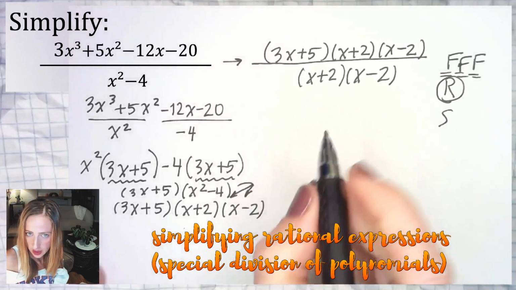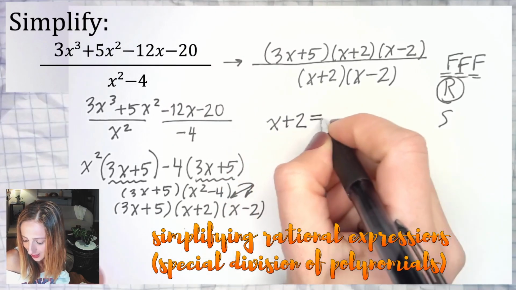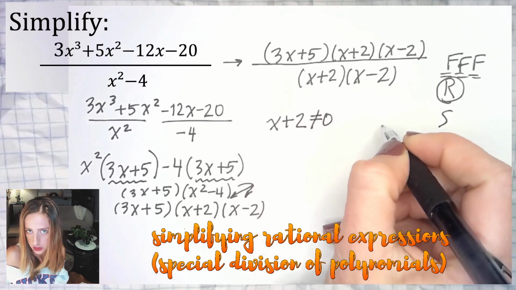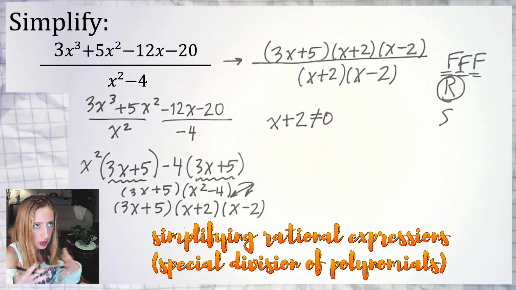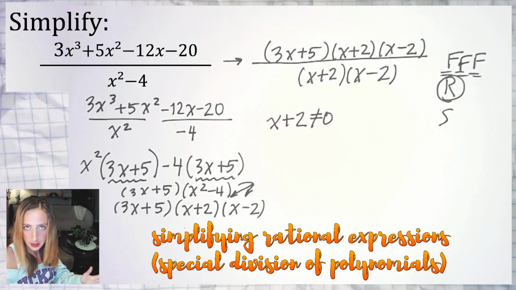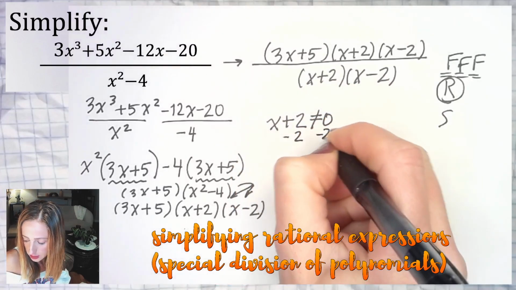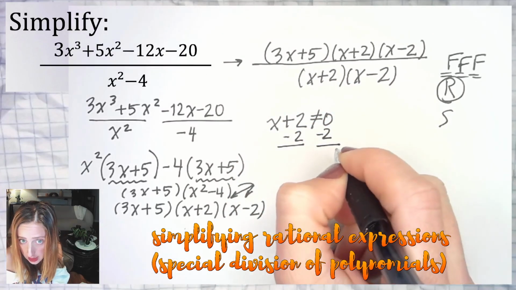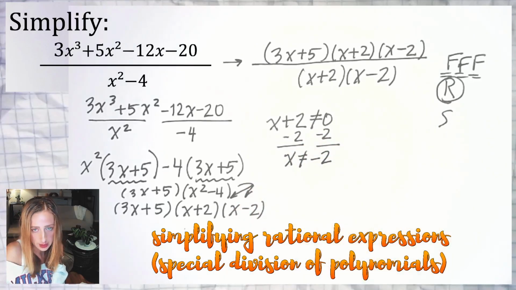So how do I find my restrictions? You take anything that's in your denominator and you set it not equal to 0 because each factor can't be 0. 0 times anything is 0. We can't divide by 0. The end. Play again in slow motion. Rewind, listen to what I said. So if I isolate x to figure out what x cannot be, as opposed to finding what x should be, we'll get x cannot equal -2.